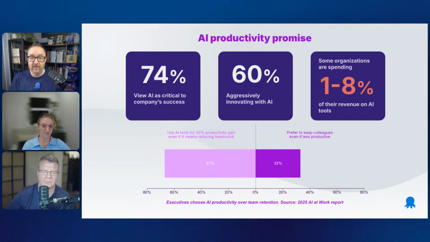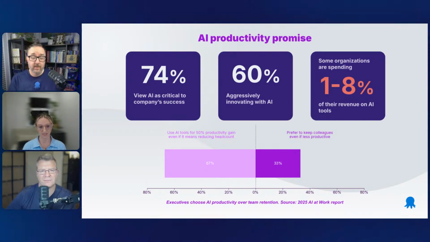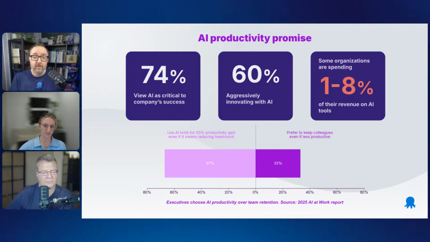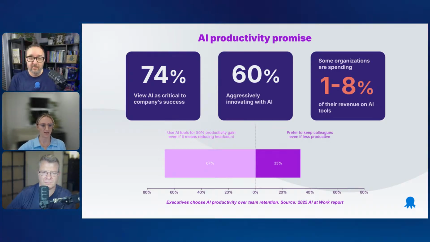That was straight from the AI at Work report. There were just a few stats that I pulled. It was a really interesting stat. It puts a little bit of perspective on how we are adopting AI in our software industry.